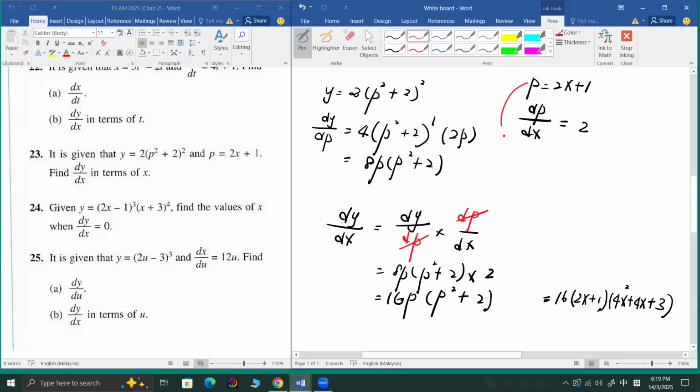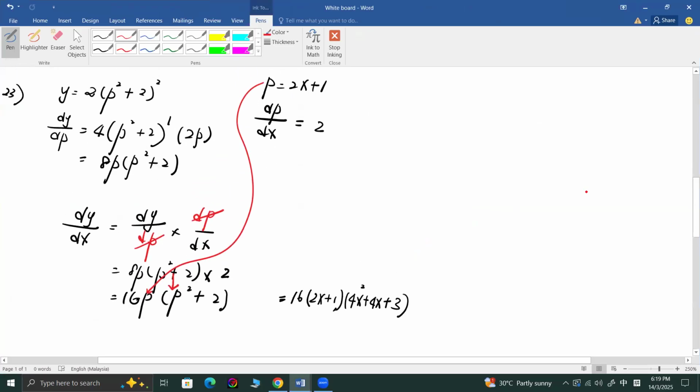You substitute the p here. Okay, keep trying. Of course, you have to expand this, the big bracket one first, okay? Keep trying and see.